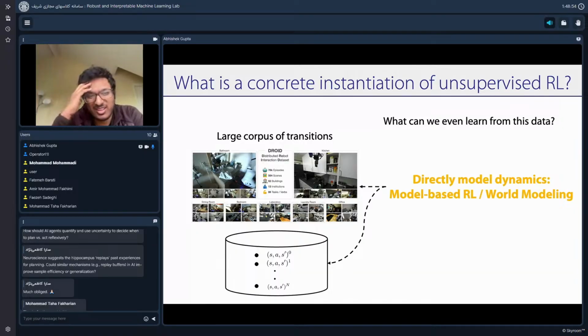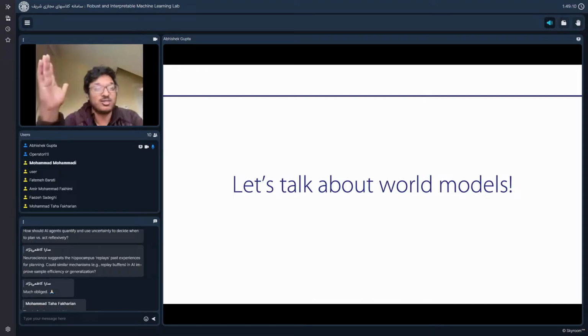The argument I'm going to make is that in the unsupervised RL setting, what you should be doing is directly modeling the dynamics of the world, which we refer to as model-based RL or world modeling. So today, let's talk about world models. The premise is still offline RL, but the transition I want to make is thinking of offline RL as a method for data-driven decision making, and a good technique for that should be unsupervised in a way.